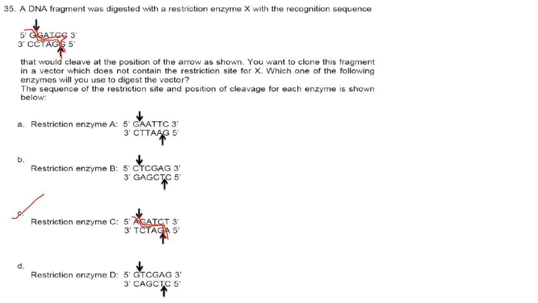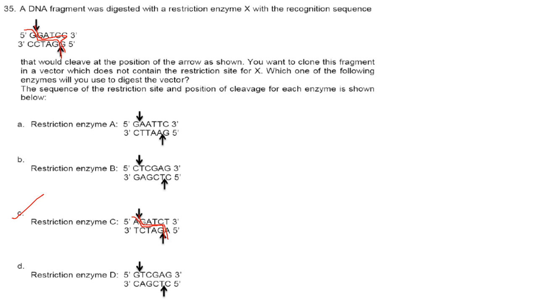If you see option C, so this fragment, that is option C, it will be complementary to that of the gene of interest.